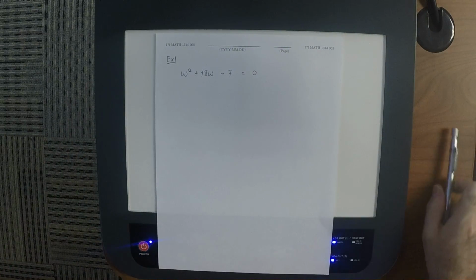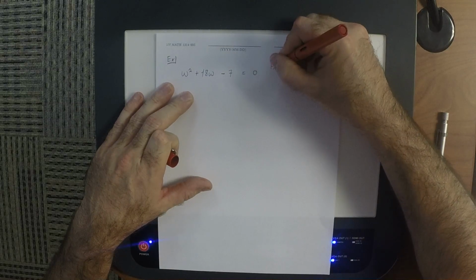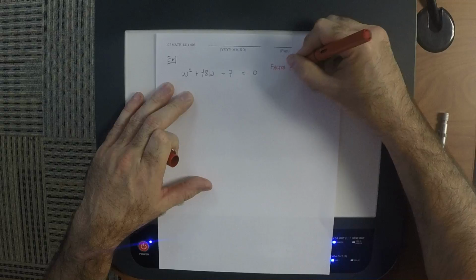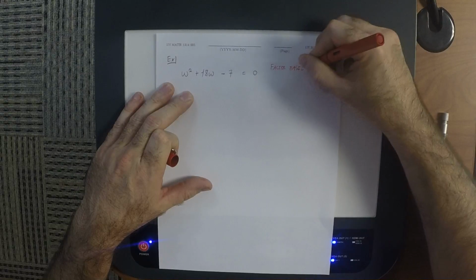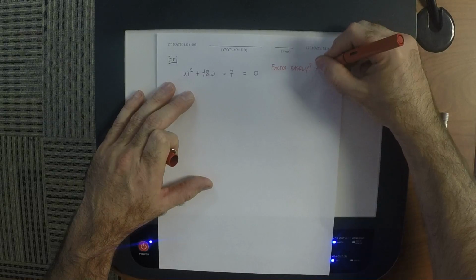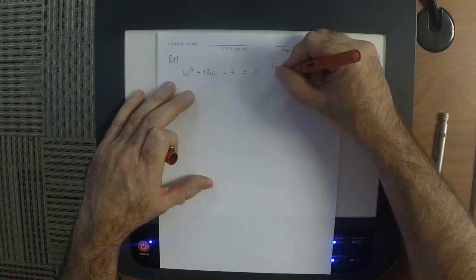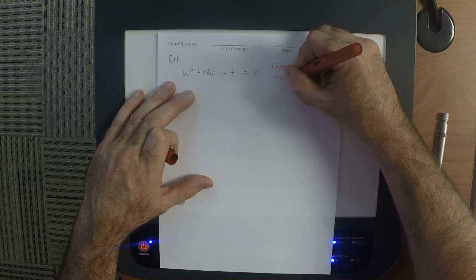So the 2 questions you should ask yourself: does it factor easily? So does it? No. So you can't do the factoring thing. Okay? Then the next question is, are there 0 w's?